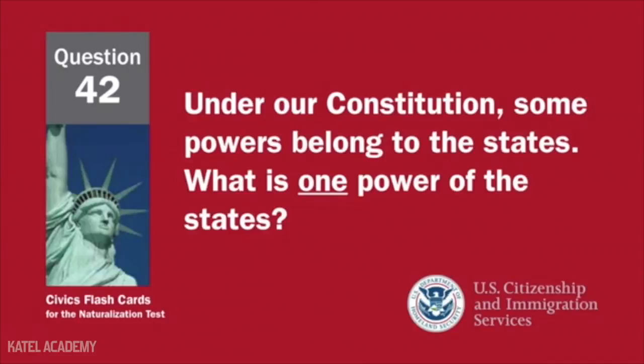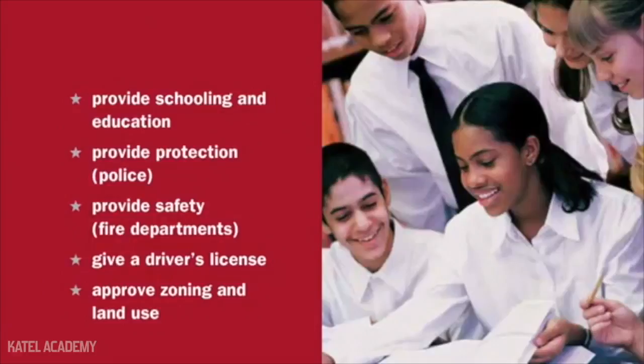Under our Constitution, some powers belong to the states. What is one power of the states? Provide schooling and education. Provide protection. Police. Provide safety, fire departments. Give a driver's license. Approve zoning and land use.